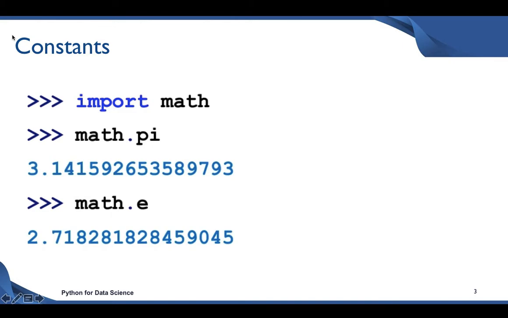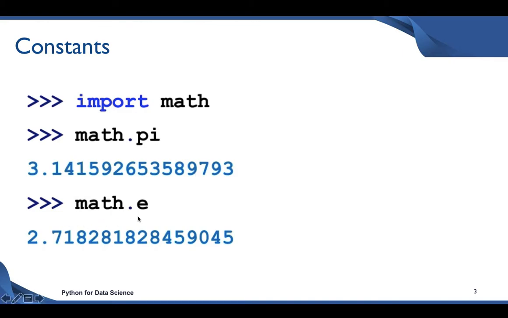We need to import it, and then we could use its inbuilt variables or methods to have that value, right? For example, if we wanted to have the pi value, we could import the math module, and then by using dot pi we could simply have its value.